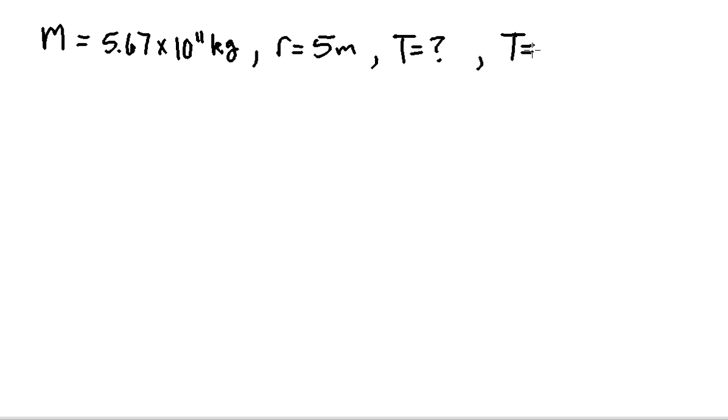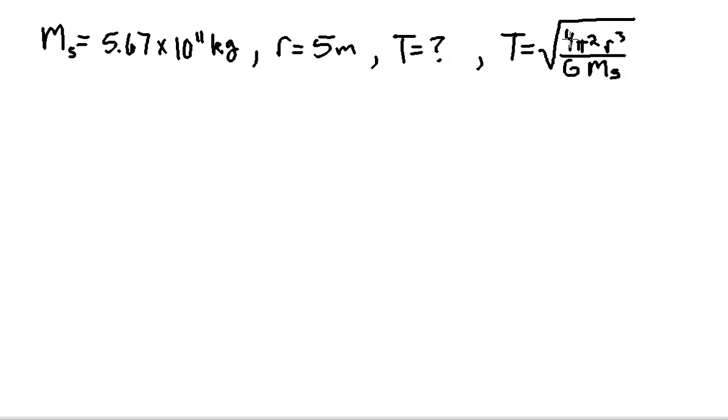So the orbital period of one object orbiting another is equal to the square root of 4 times pi squared multiplied by the cube of the radius divided by Newton's gravitational constant multiplied by the mass of the star, because right now we're finding the orbital period of the planet that's orbiting the star. So this T right here is the orbital period of something going around this mass right here.